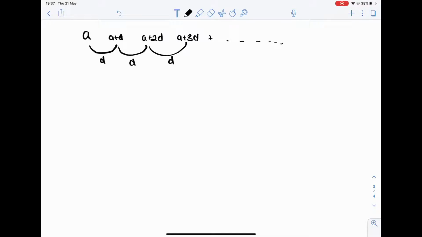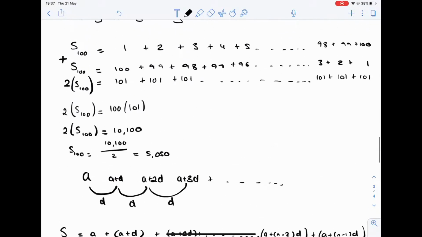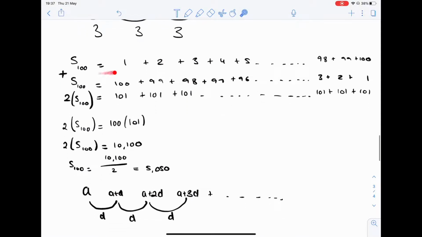So let's try to generalize this and find the sum for the first n terms. That would be A, plus A plus D, that's the second term, plus A plus 2D, and on and on, until we get to A plus (n minus 2)D plus A plus (n minus 1)D. So let's look at what we did here. For the sum to 100, we wrote it out, and then we wrote it out backwards, so we could add them.